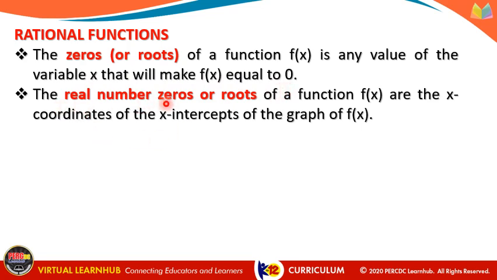The real number zero or root of a function f of x is the x-coordinate of the x-intercept of the graph of f of x. So again, kung ano yung x-coordinate nung x-intercept ng graph natin, yun yung zero ng ating function.